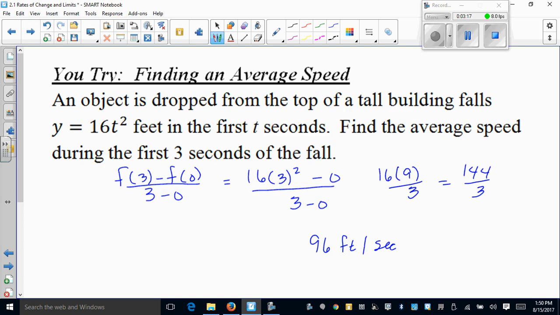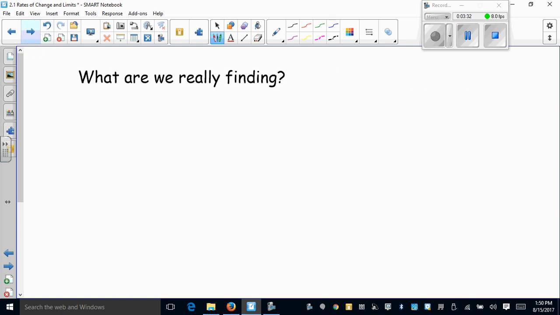Okay, but notice that in the first 2 seconds of something falling, the average is 32 feet per second, but in that 3rd second, the average becomes 96 feet per second. So very, very quickly is this coming down. But the question is, what are we really finding? That equation is slope.